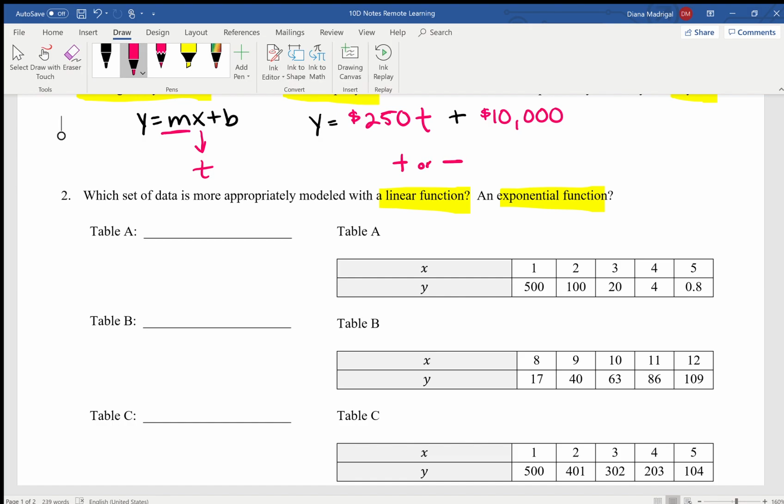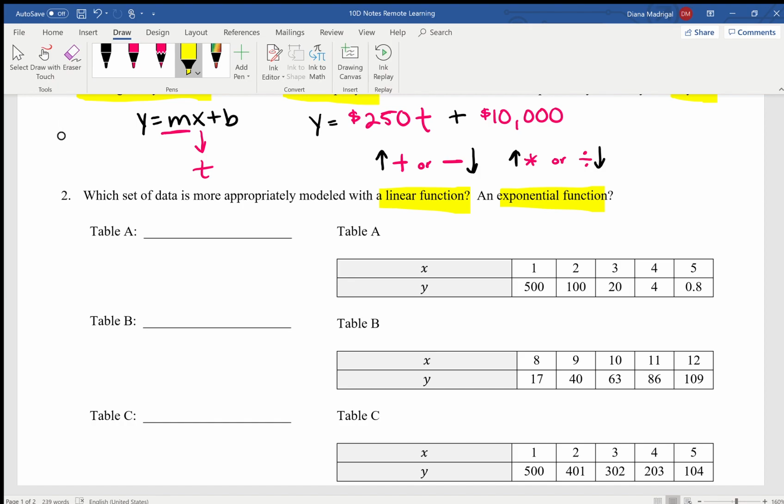Exponential has the same pattern, but it's multiplying or dividing. Adding and multiplication mean it's going up. Subtracting and division mean it's going down. Pretty easy. So let's try table A.